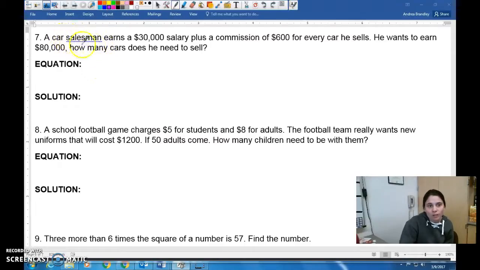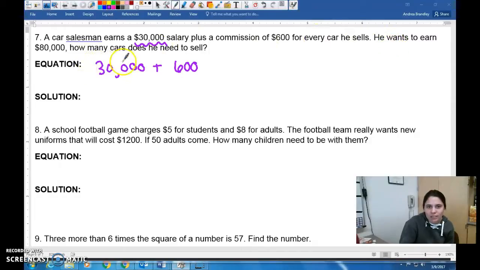So I'm starting with a car salesman, and he earns a $30,000 salary. So I'm just going to go ahead and write that down. So a $30,000 salary plus, so I'm probably going to be adding something to this, a commission of $600 for every car he sells. So as I read through the rest of the problem, he wants to earn $80,000.